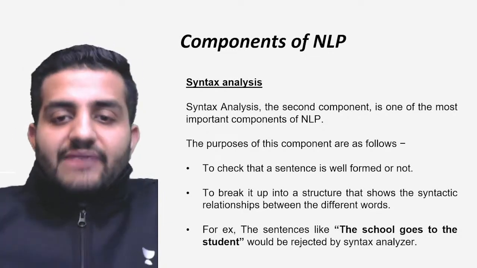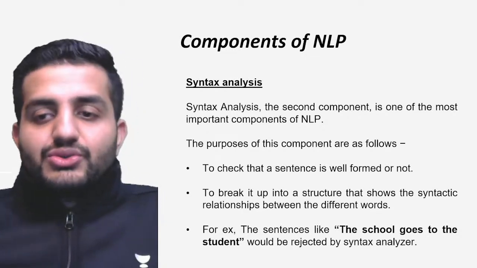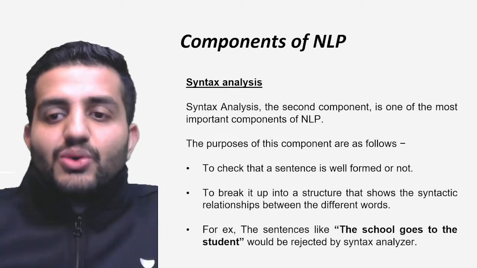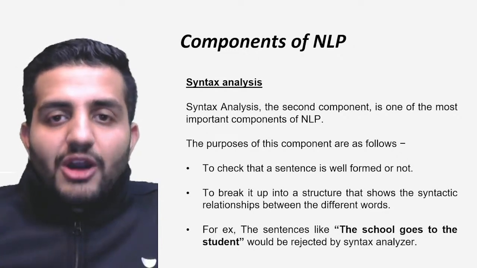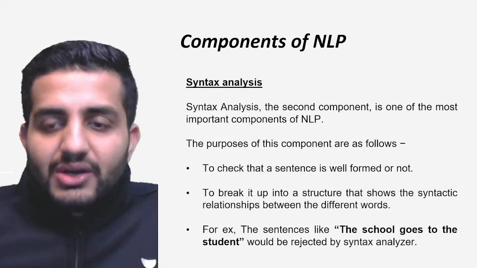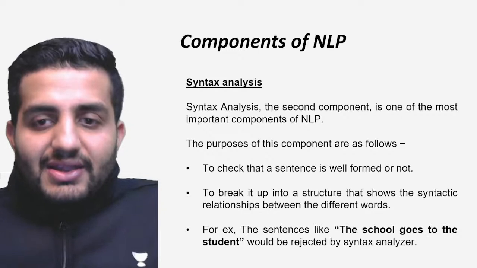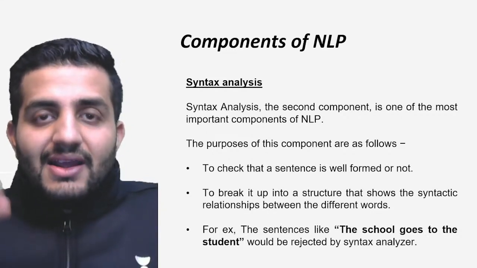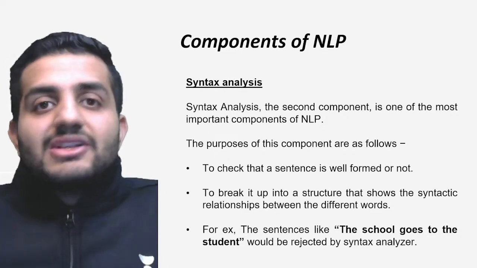For example, suppose I have a sentence like "the school goes to the student." If we have something like this, it is not making any sense, right? It should be vice versa: "the student goes to the school," right? The syntax analyzer here is able to understand that to get the sense of your sentence.